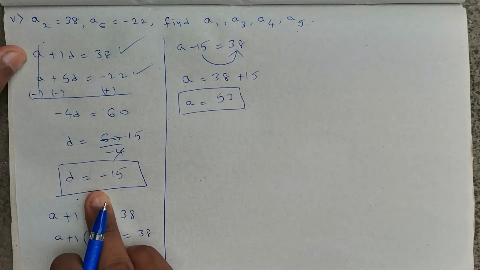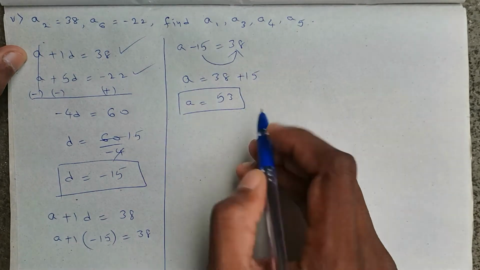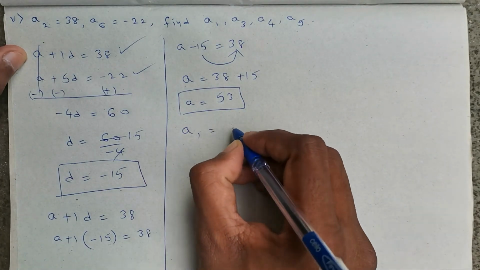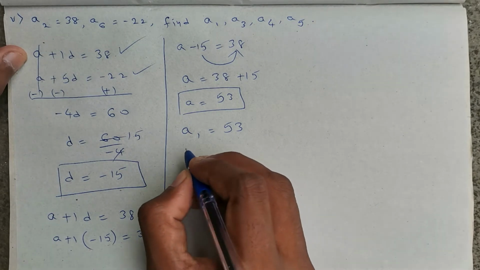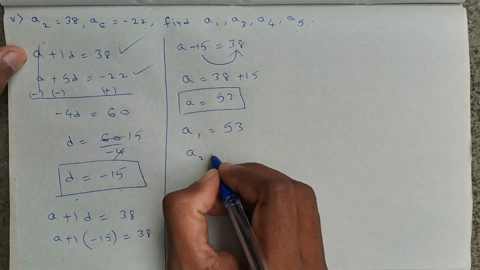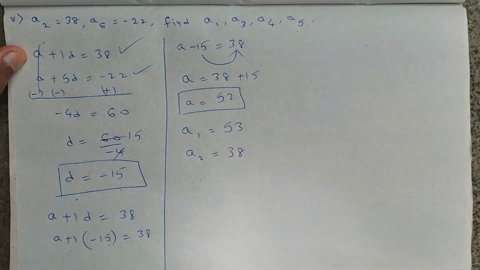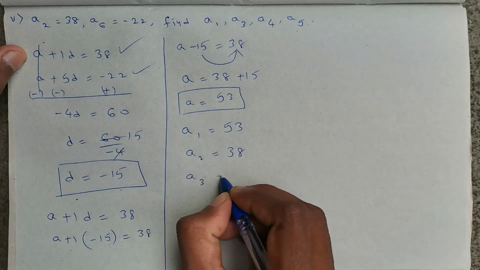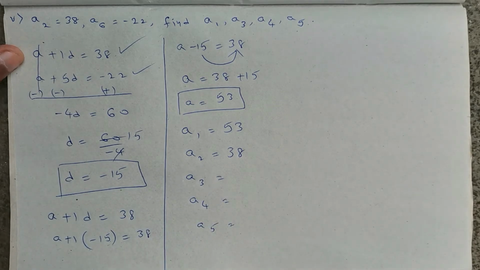So now let us check one by one what he is asking. A1 is nothing but A. So A1 is equal to 53. Next, A2 is already given in the question itself, that is 38. Then we need to find the values of A3, A4 and A5. Very simple.